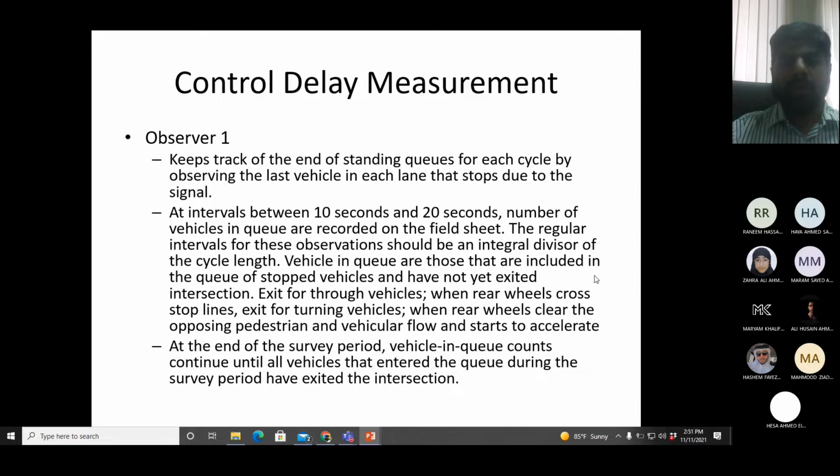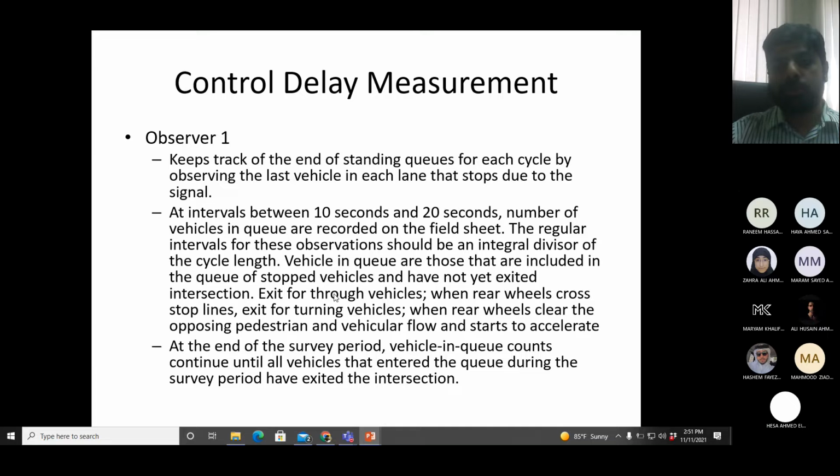So a queue can be stopped or moving. You are still in the queue if you have not crossed the stop line or reached the other side. A car which has joined the queue, even if it is moving, will be considered part of the queue if it has not crossed the stop line or reached the other side.